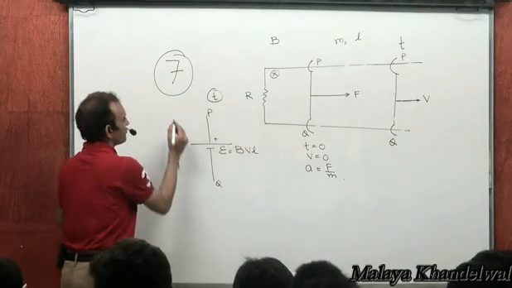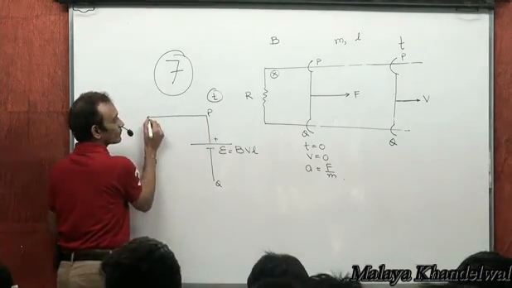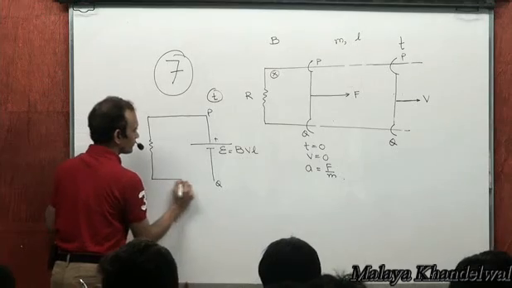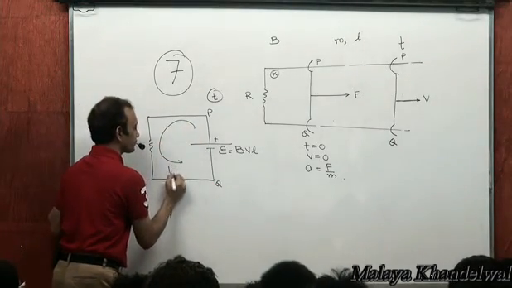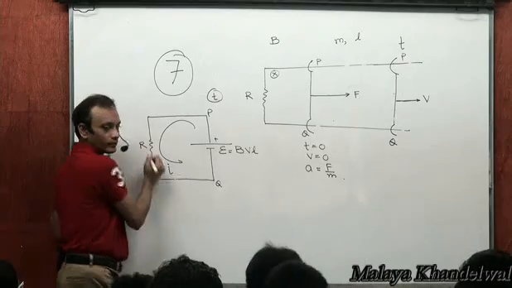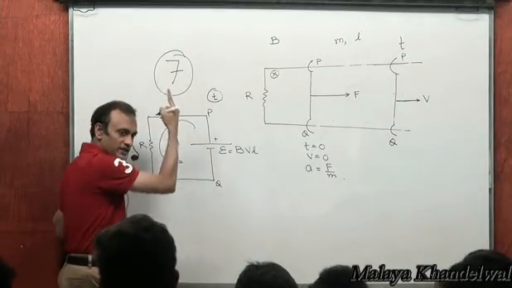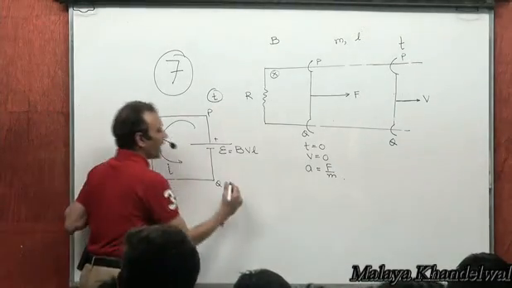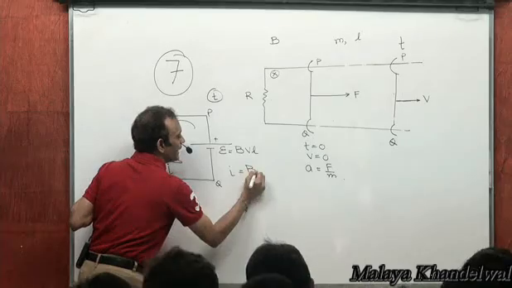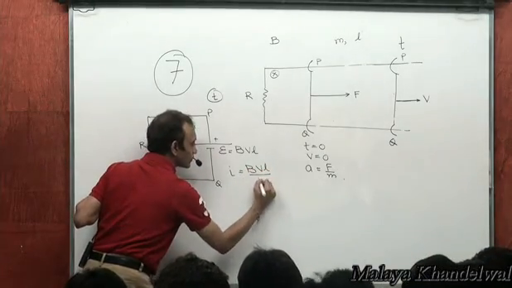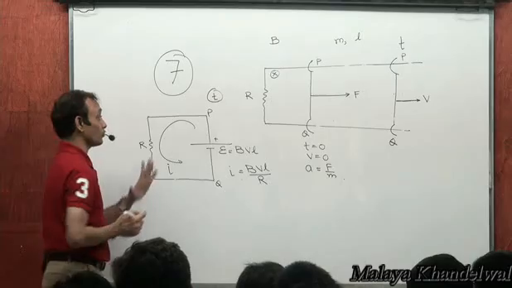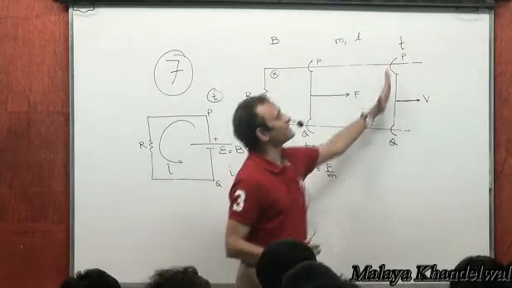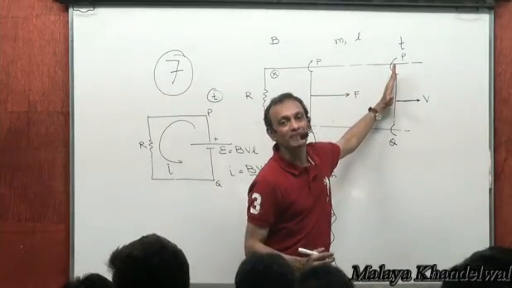Now this motional EMF will drive a current I this way. This is the sense of the current driven. Therefore, there would be I, which would be BVL by R. BVL by R is the current driven through this. Now we have a current carrying conductor exposed to a magnetic field.